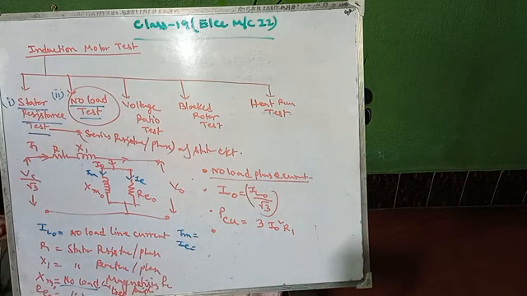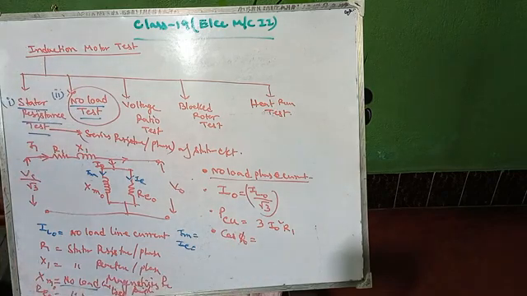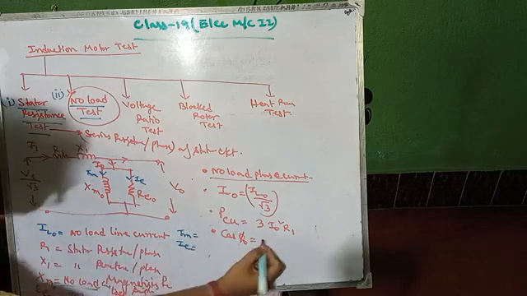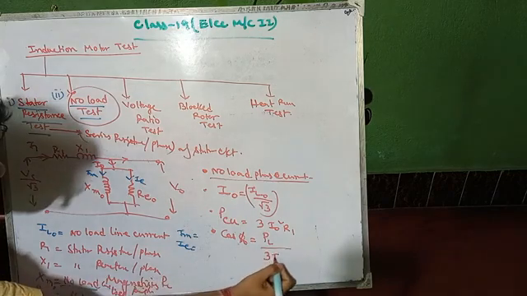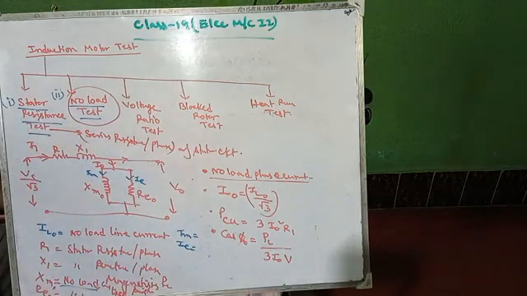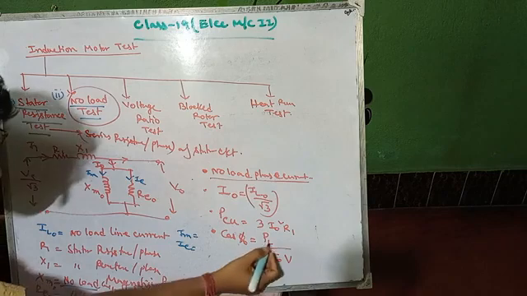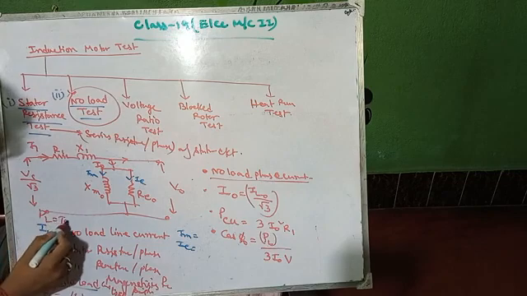Okay, and third one, no load power factor. No load power factor cos phi naught equals PL by 3 I naught V, where PL is the total stator core loss.